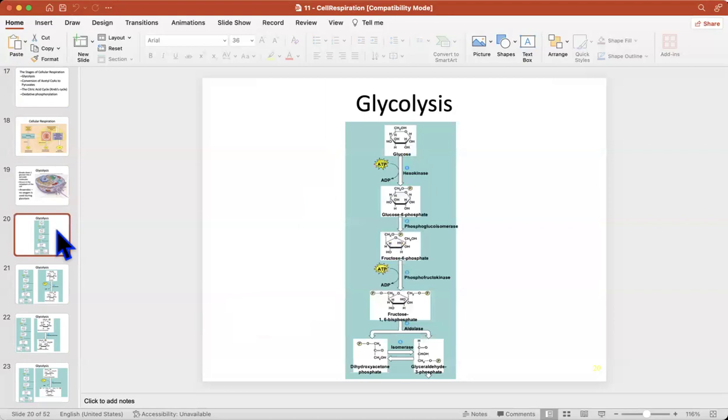Okay, now let's look at the details. There are so many reactants and products here, and each arrow is one chemical reaction. So you have so many. What I want you to know is the beginning and the end. There are several intermediate steps.